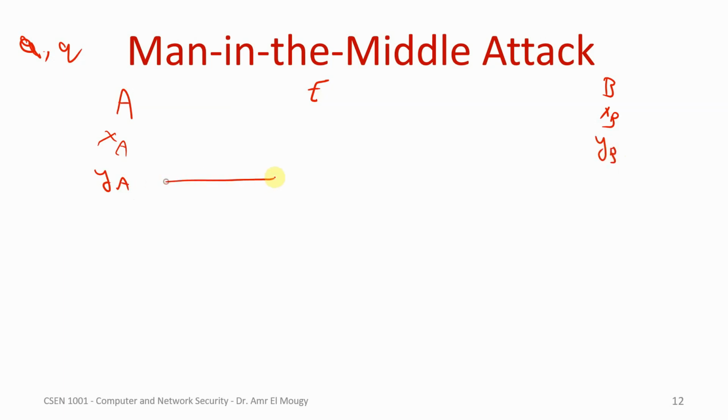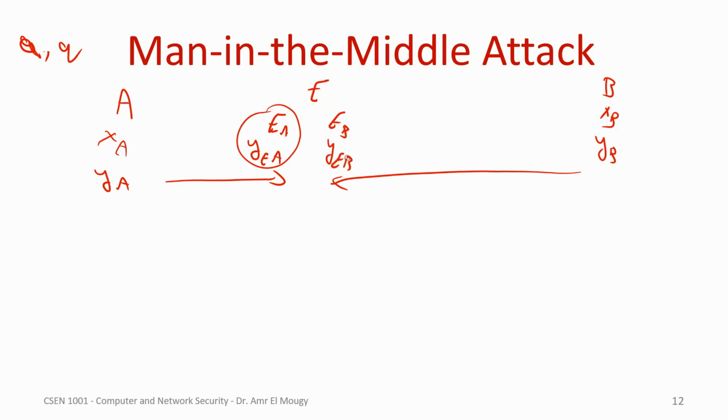Now let's say the public keys are intercepted by the attacker. So the attacker intercepts the public keys Y_A and Y_B. What can the attacker actually do? The attacker can simply choose a private key to be exchanged with Alice and a private key for an exchange with Bob, and then calculate the public key of that private key and the public key of the other private key.